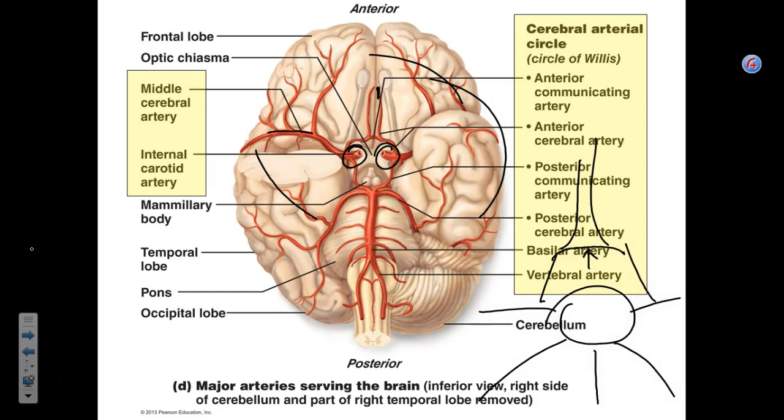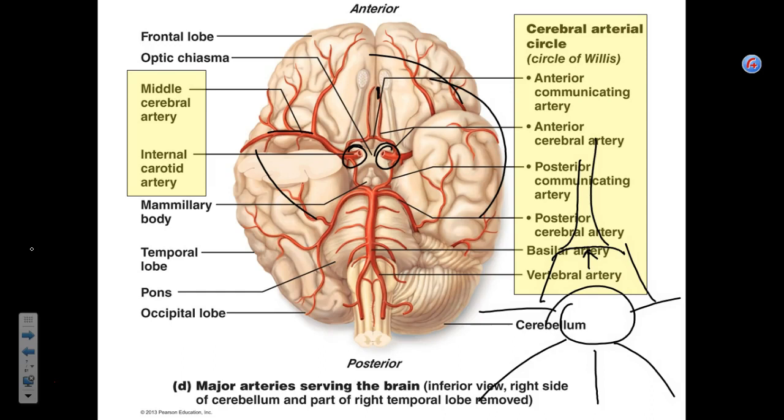That makes sense. Now, what is the clinical importance of the middle cerebral artery being connected to the internal carotid? Which of these three is the most frequent site of stroke? MCA, the middle cerebral artery. It's the most frequent site where the clot ends up.